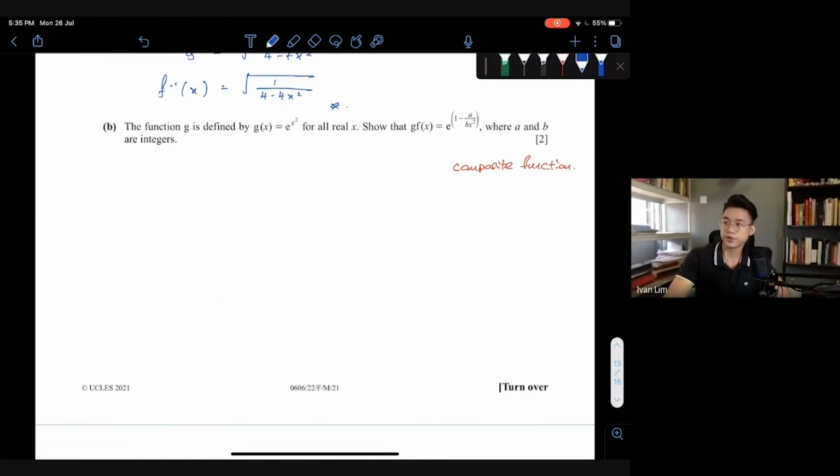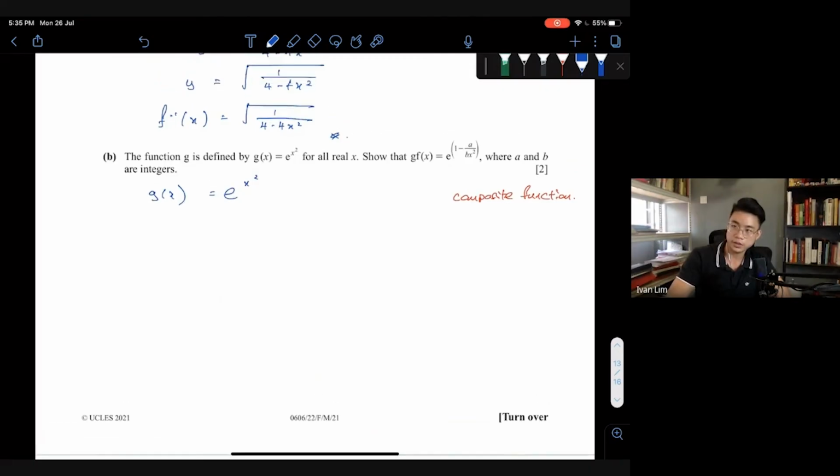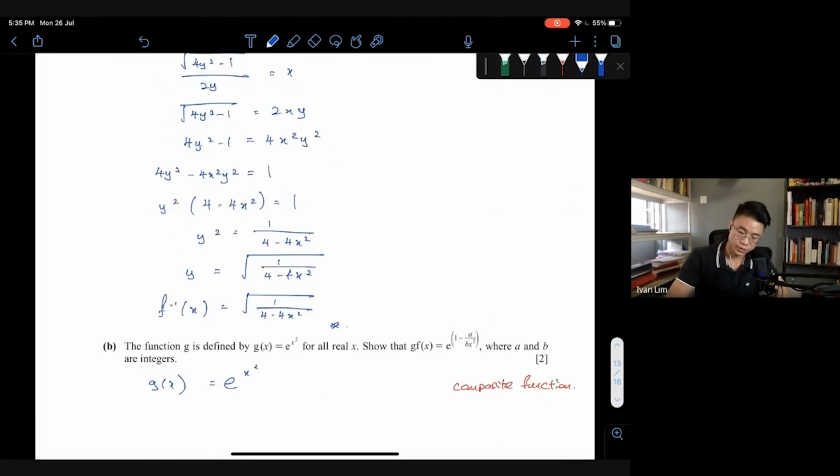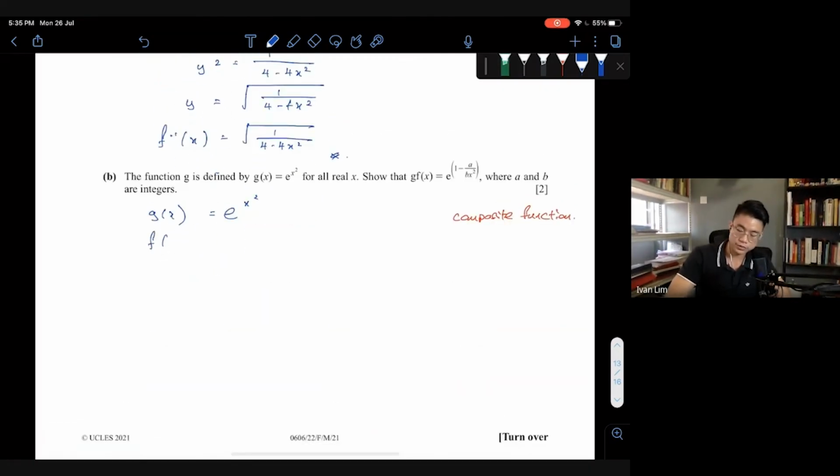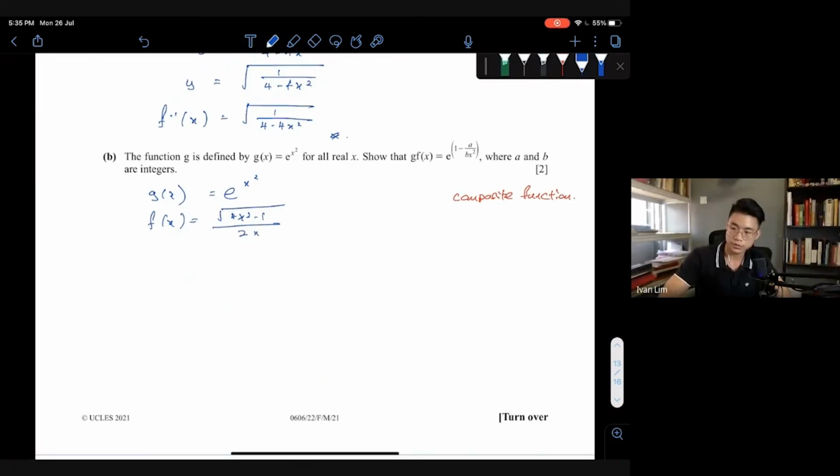Okay, composite function. So g of x given to us is e to the power of x squared. Just now we have f of x equals 4x squared minus 1 over 2x.